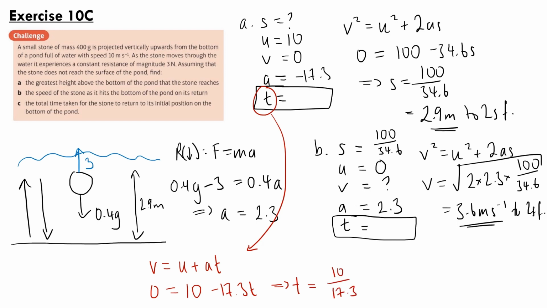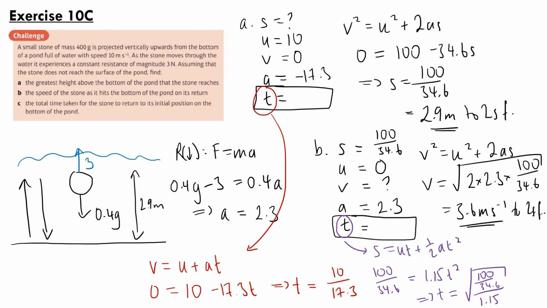And doing the same for the value of t going back down, we can use the equation s equals ut plus a half at squared. Therefore, we have that 100 over 34.6 is equal to 0t plus a half at squared, so that's 1.15t squared. So we have that t is equal to the square root of (100 over 34.6) over 1.15.